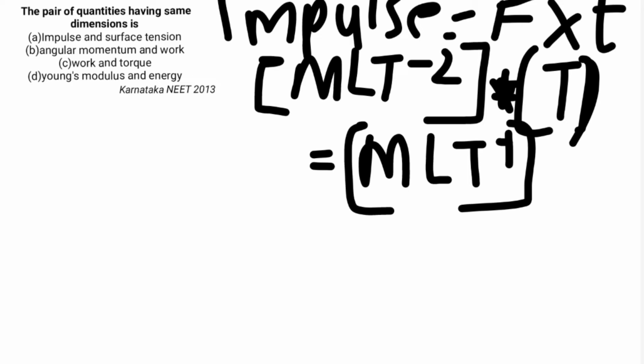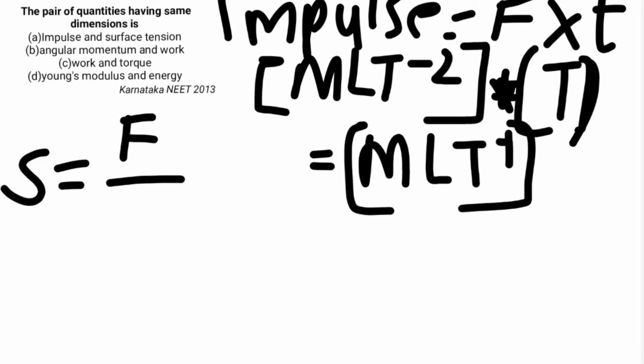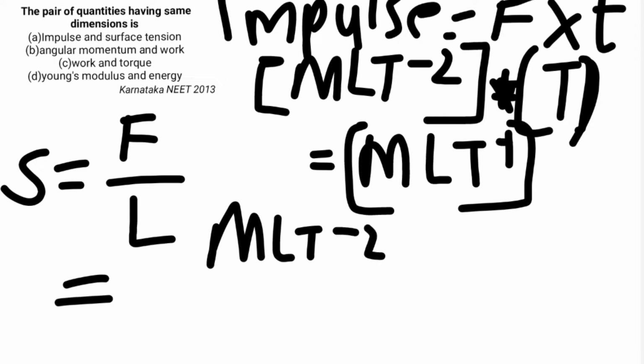Then next, surface tension. What is the equation to find surface tension? To find surface tension, the equation is force by length. The dimension of force is MLT raised to minus 2.